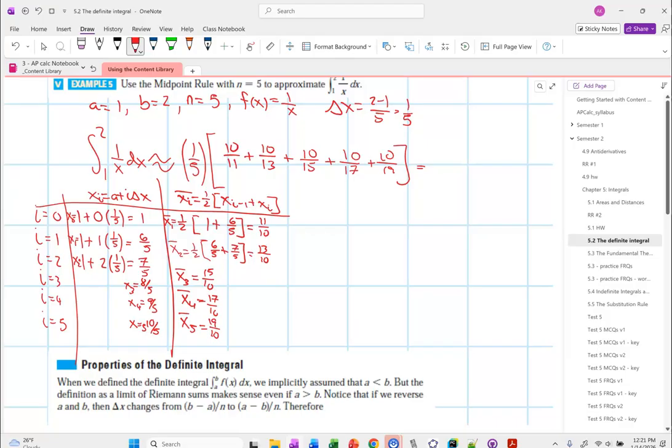Does that feel okay? Again, what did we just find? That's an approximation. That's a Riemann sum using midpoints and 5 rectangles. Right? So just trying to connect some of the vocab together.